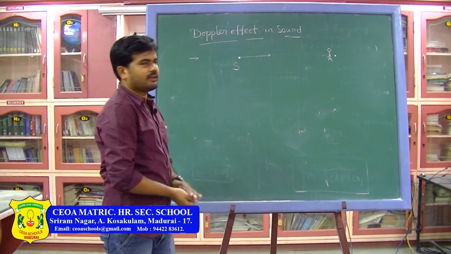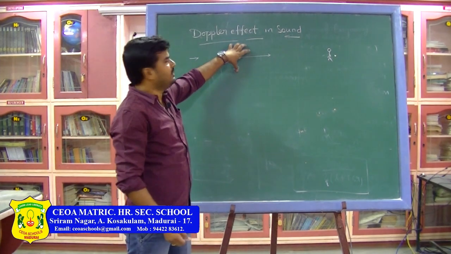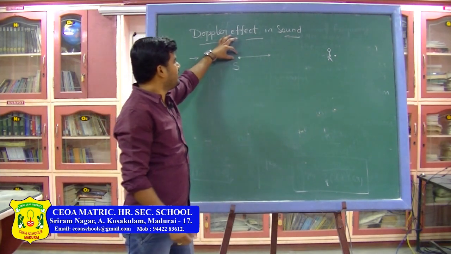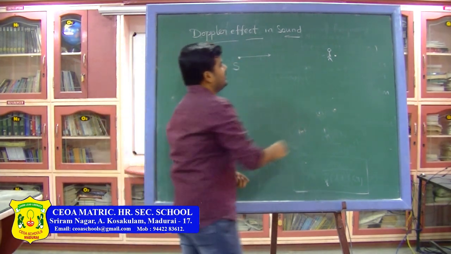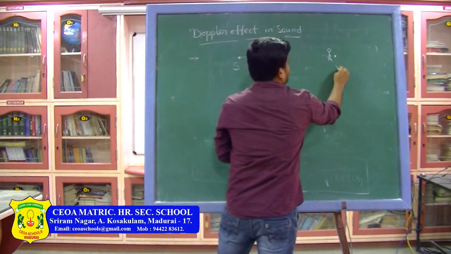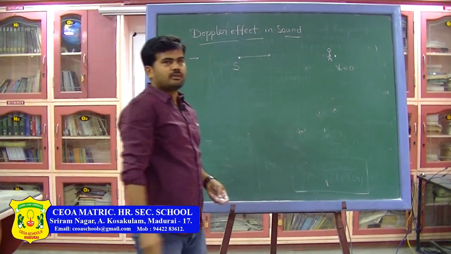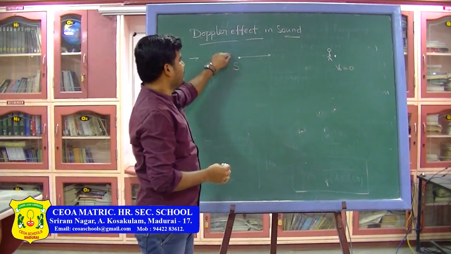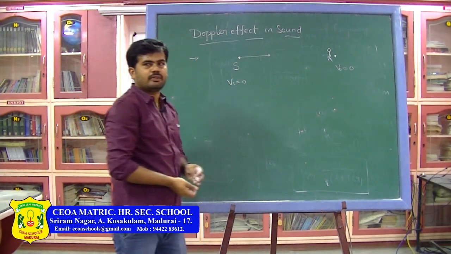If both are at rest, for example, some music system is playing at this particular location, which is the source of sound, and somewhere here the listener is at rest. Let the observer speed be 0, that means he is at rest, and the source is also at rest. Let me take Vs equal to 0.